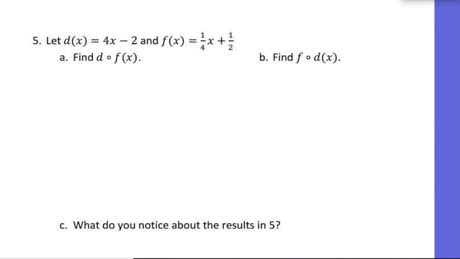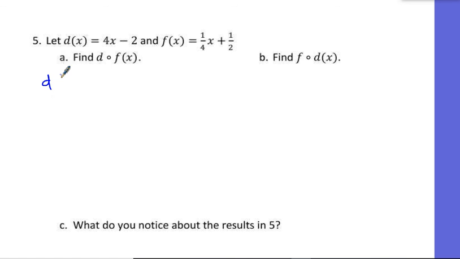I want to take a minute and go back to review composition of functions that we looked at in the last video. And let's find d of f of x, given function d of x to be 4x minus 2, and function f of x to be 1/4 x plus a half.